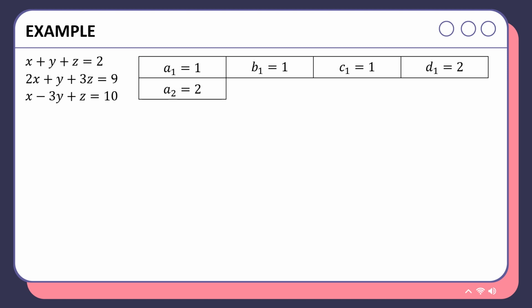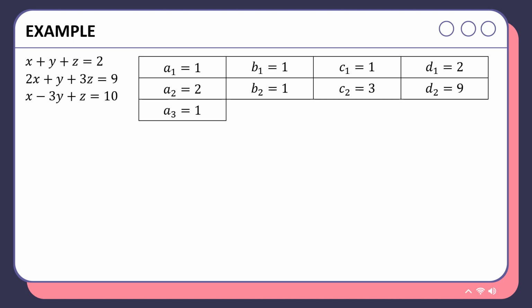A sub 2 is equal to positive 2. B sub 2 is equal to positive 1. C sub 2 is equal to positive 3. D sub 2 is equal to positive 9. A sub 3 is equal to positive 1. B sub 3 is equal to negative 3. C sub 3 is equal to positive 1. And D sub 3 is equal to positive 10.